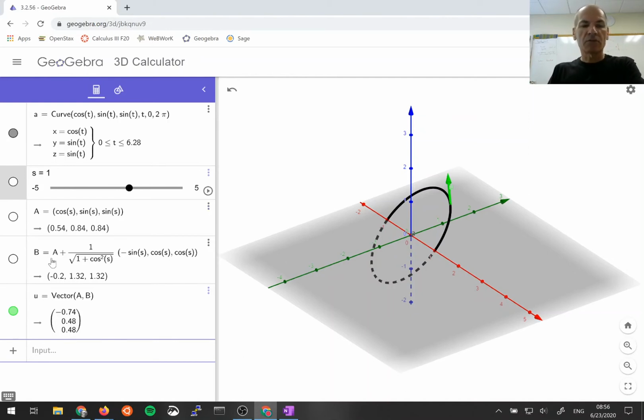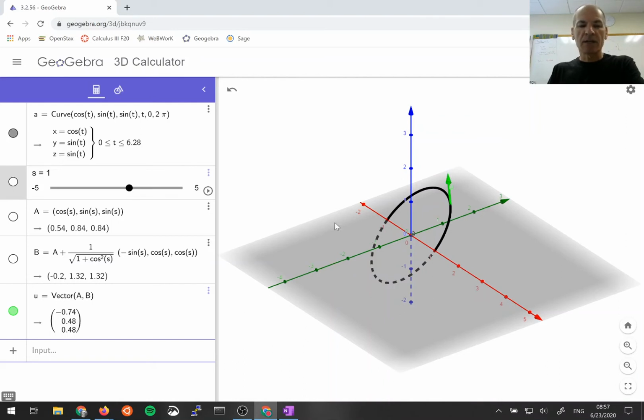So what I've done is I've created this second point B that goes from the first point A in the direction of the unit tangent vector. So these are just points. A is a point that's on the curve, and B is the point that represents the tip of the unit tangent vector.